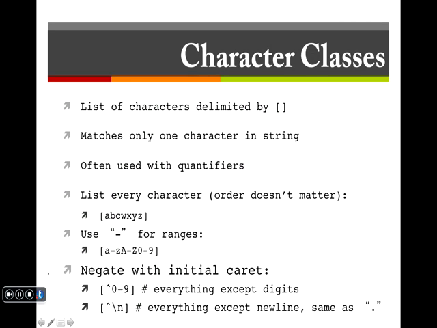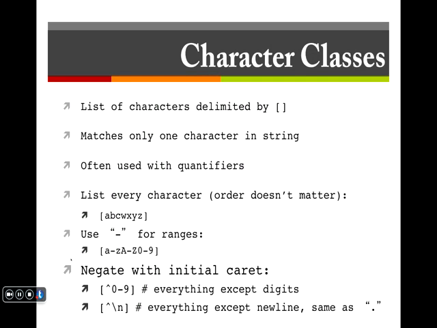If I define the following regular expression, I'm saying A, B, C, W, X, Y, Z, so the match will be any of those characters, either B, A, or X, and the order is not important. Now I can also use a range, so I could say any character from lowercase a to lowercase z, any character from uppercase A to uppercase Z, any digit from 0 to 9. So it will match any one of them, one character.